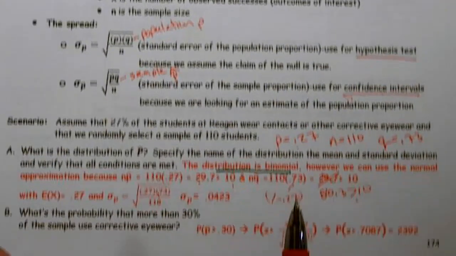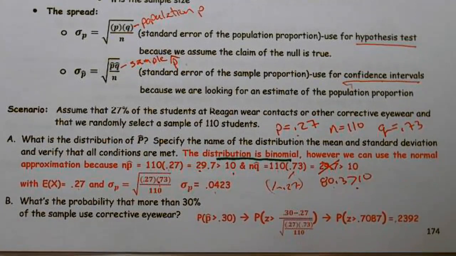So it says, what's the probability that more than 30% of the sample use corrective eyewear? Well, first off, I need to do a couple of things with that.